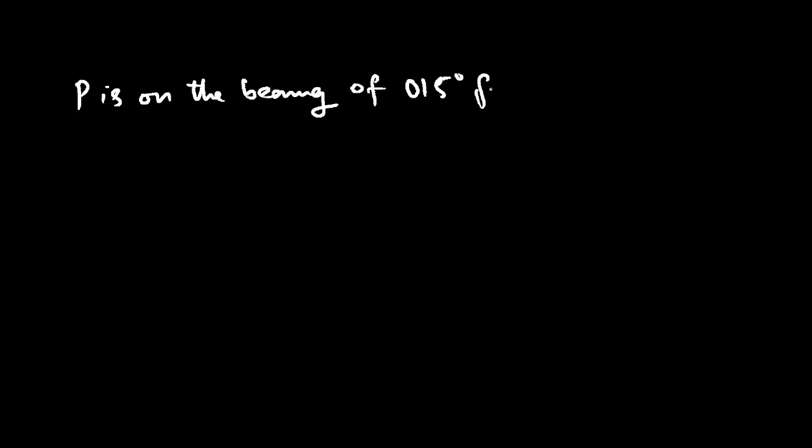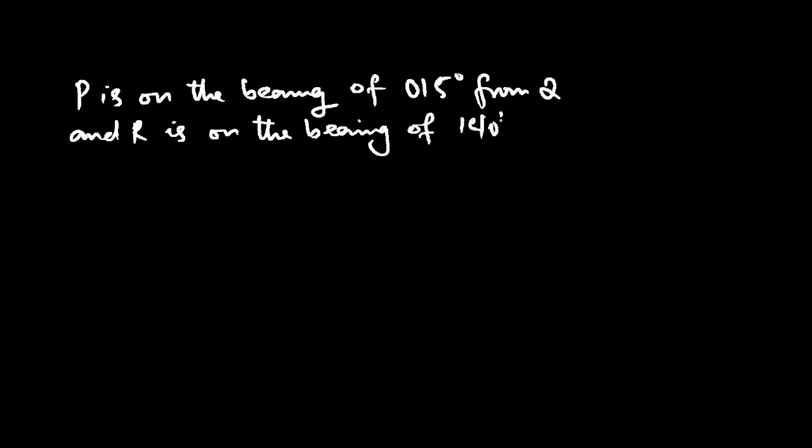Okay, so the question here states that P is on the bearing of 015 degrees from Q, and R is on the bearing of 140 degrees from P. First stop.